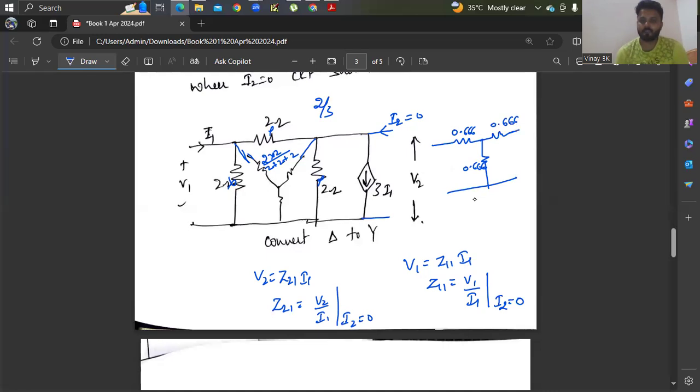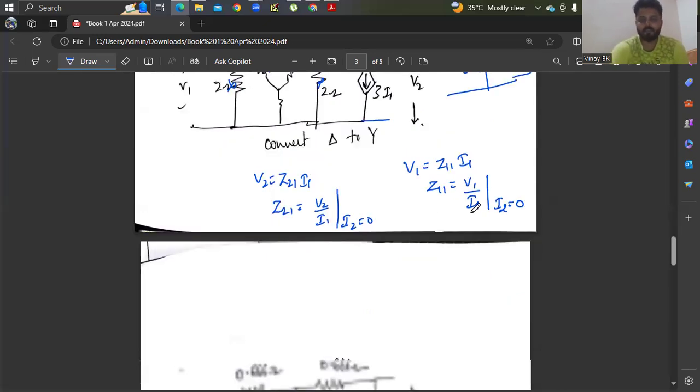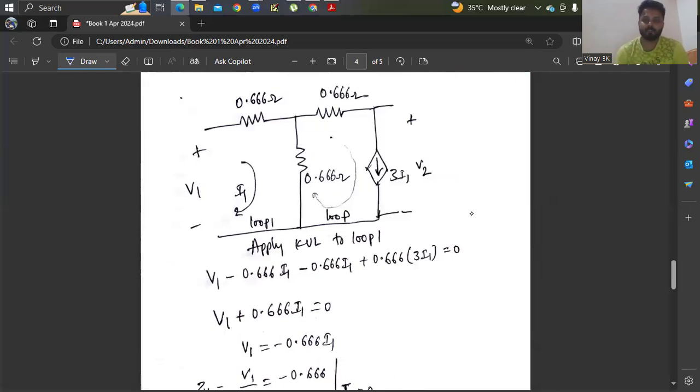And here there is one current source, meaning you know the current flowing through this loop, that is 3i1. So the circuit looks like this with 0.66, 0.66, 0.66, and here the current is 0, but V2 you need to find by applying KVL here. There are two loops, i1 and i2.